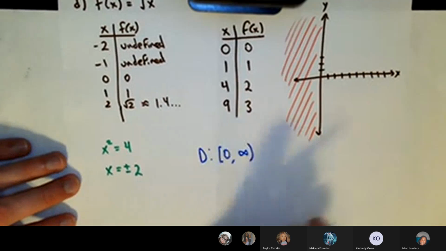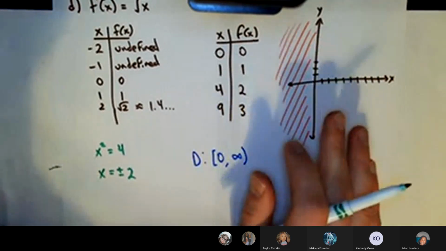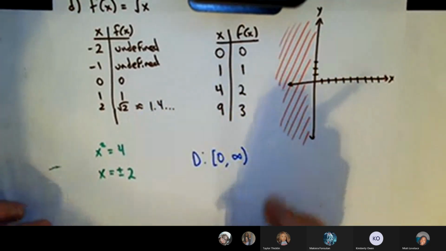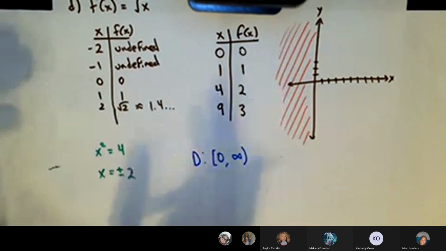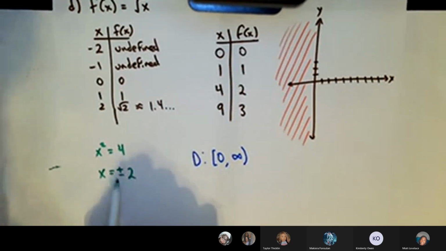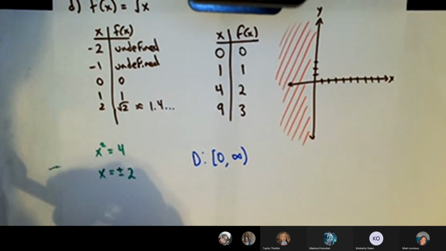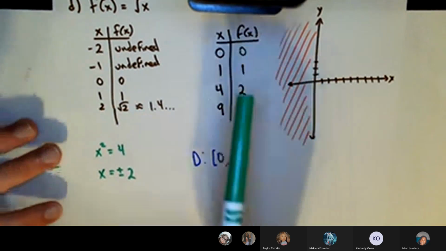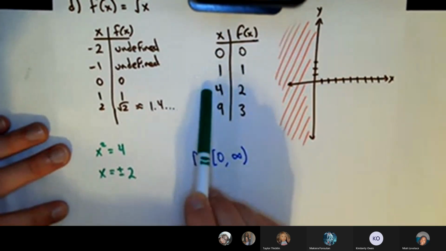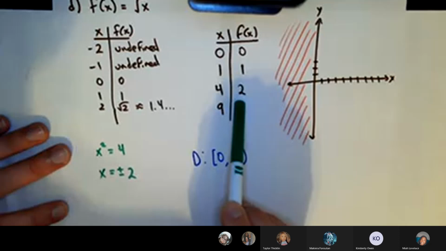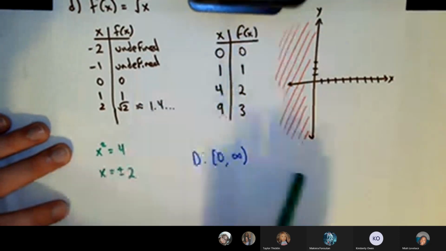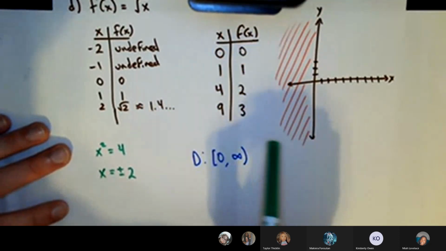But remember that we're not dealing with an equation, we're dealing with a function. So we have to agree all together to only pick one output value because the definition of a function says that one input should only go to one output. You cannot have this input going to 2 different outputs, like a 2 and a -2.